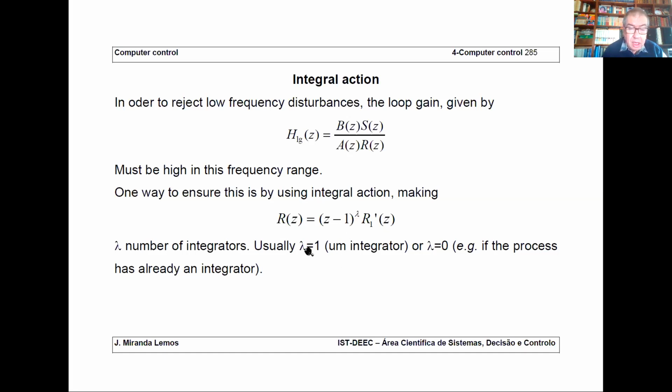Usually lambda equals 1, or 0 if you don't need an integrator in your controller because, for instance, the process already has an integrator. And then you still have some polynomial that I call R1 prime. This prime is nothing more than part of the notation, meaning that this is a different polynomial from R. R is made of the product of z minus 1 up to lambda, where we have to decide how many integrators we have, usually something that you decide, multiplying this R1 prime.